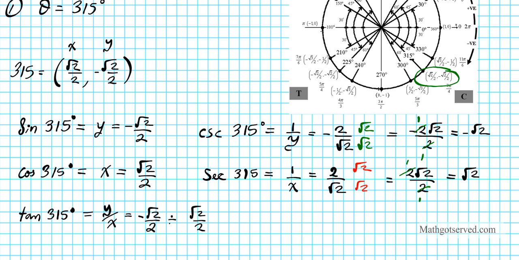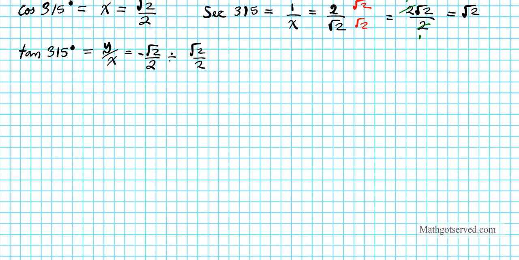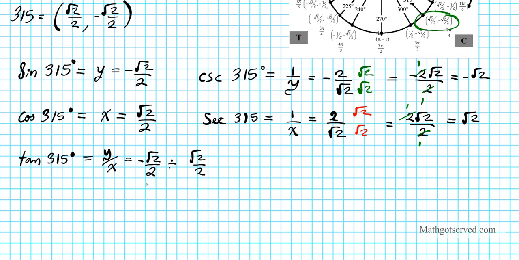Now we drop, change, flip: multiply the first by the reciprocal of the second. So negative root 2 over 2 times 2 over root 2. These two 2's divide out, and these two radicals divide out also. Your final answer is negative 1.